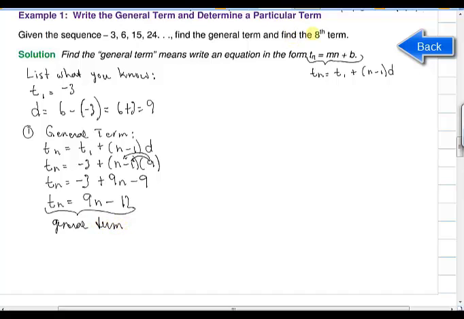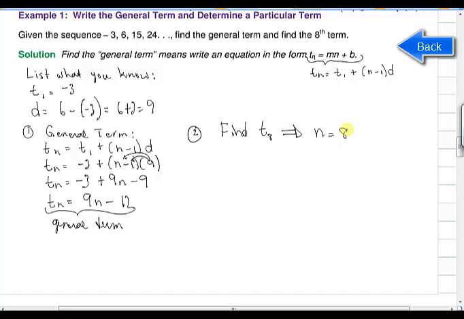Okay, the second thing we've been asked to do is to find the 8th term. Okay, and we can use our general term to work that out. Now because they want you to find the 8th term, they want you to find t subscript 8. That's the nth term. Okay, and because we're looking for t subscript 8, we know that n is equal to 8.